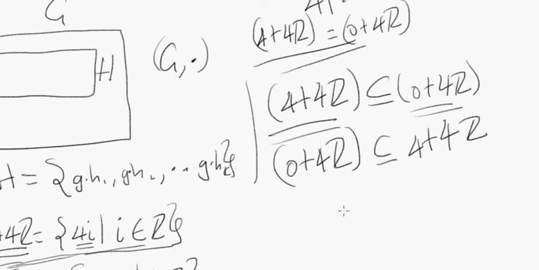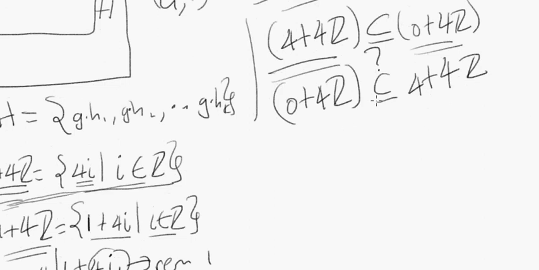Is this true? Well, let's see. Is that a true statement? What would it mean to say that? To prove that this coset is a subset of this coset, all we need to do is show that if we pick any element of 0 plus 4z, it's also in 4 plus 4z.